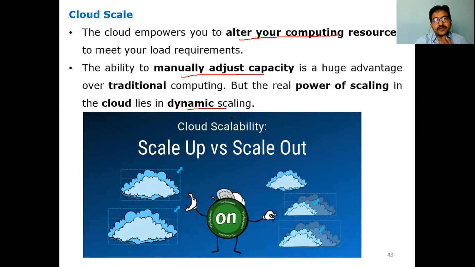So cloud scale means altering your computing resources to meet your load requirements. Manual adjustment is the traditional way, but in the cloud the scaling is done in a dynamic way.